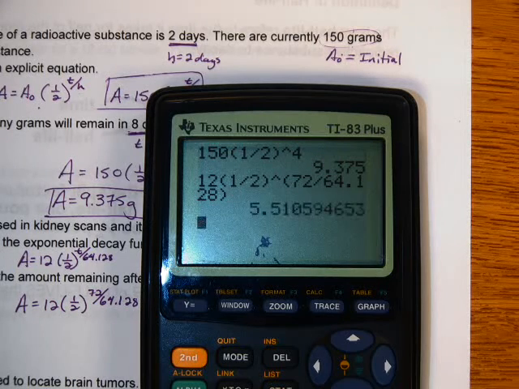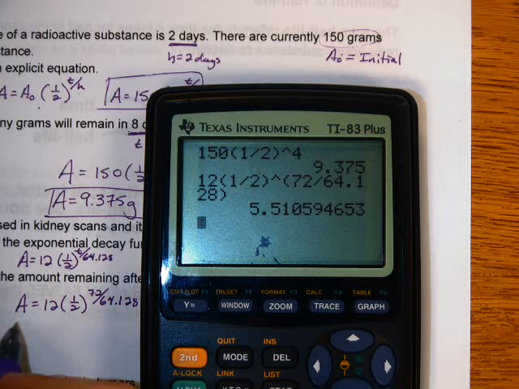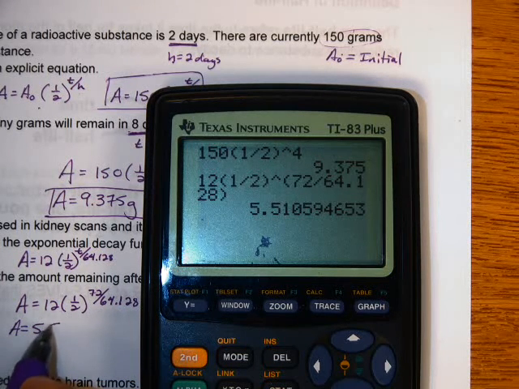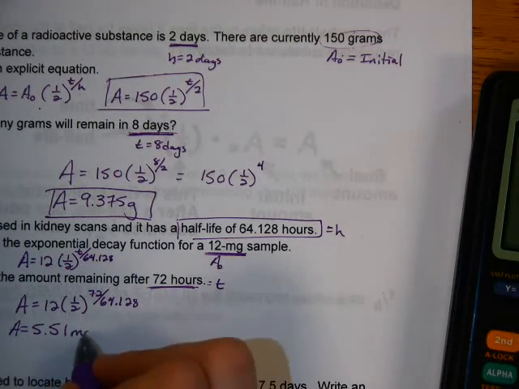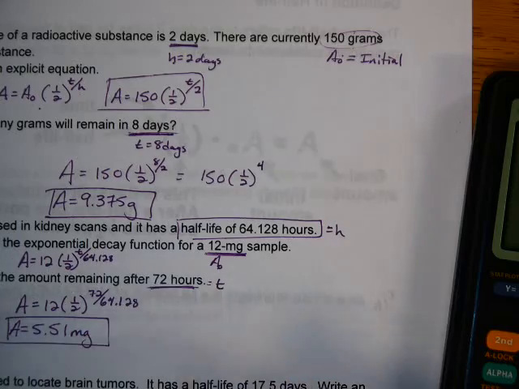Close your parentheses, hit enter, and it tells you you will have 5.5 grams remaining, or 5.51 to be a little more specific, milligrams remaining after 72 hours. Alright, good luck.